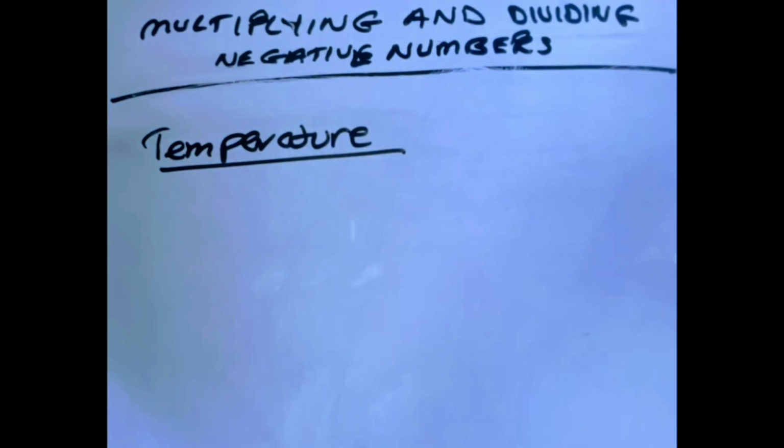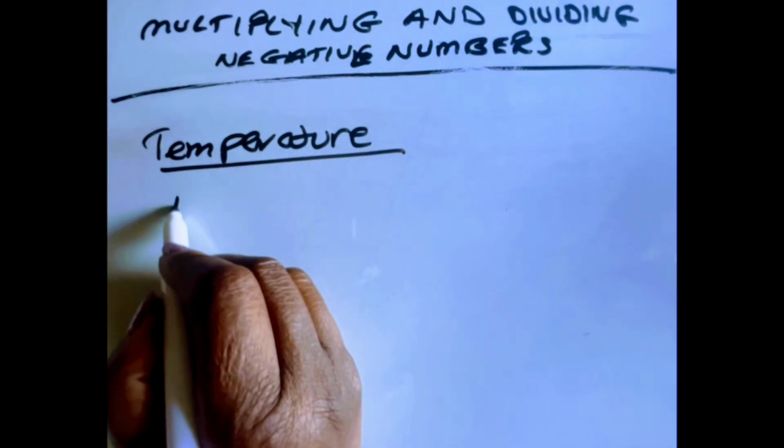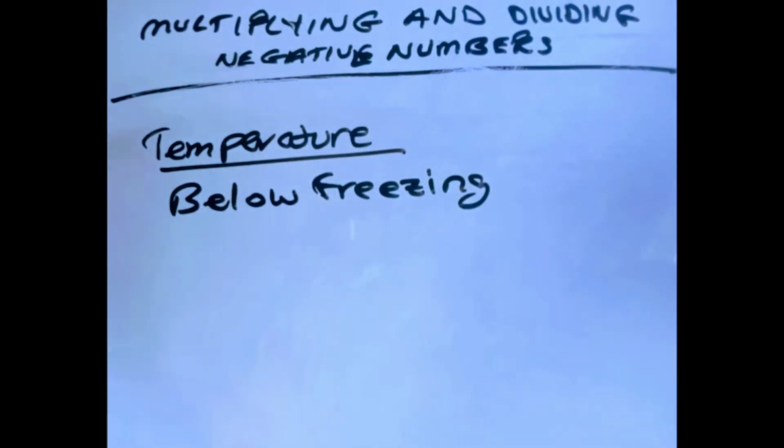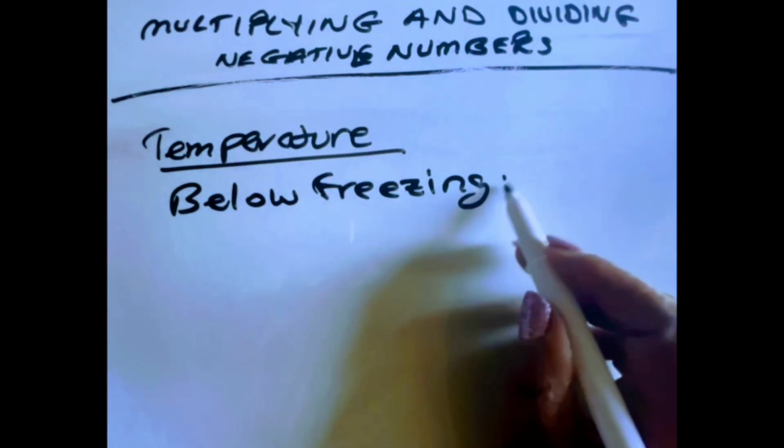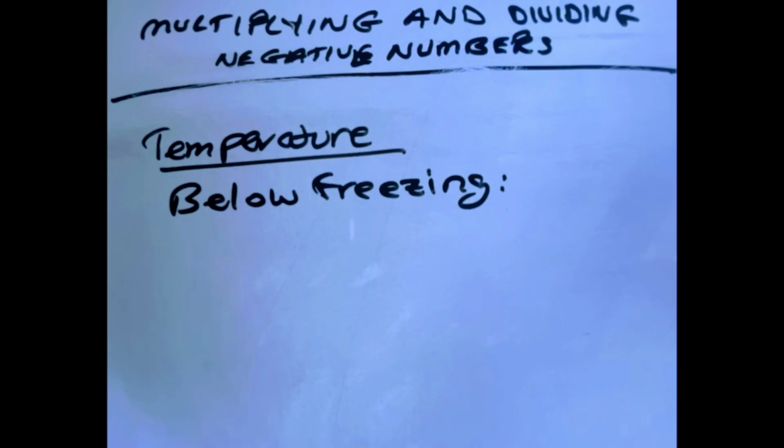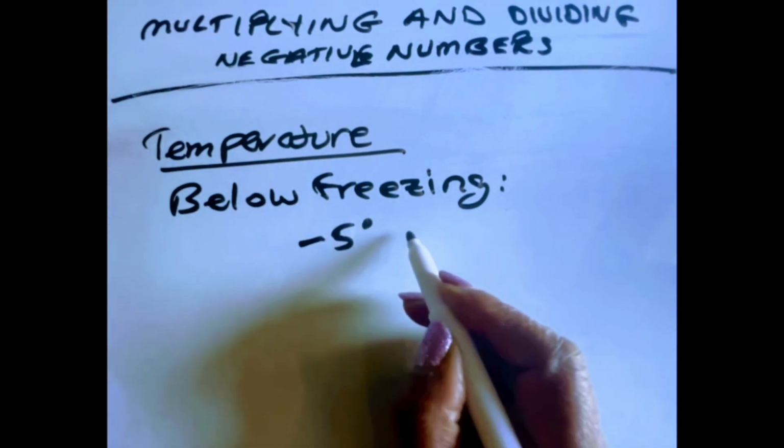Okay. We can also use negative numbers when we are discussing temperature, for example, below freezing. If we are discussing temperatures that are below freezing, that means those temperatures are below zero, such as -5 degrees Celsius.